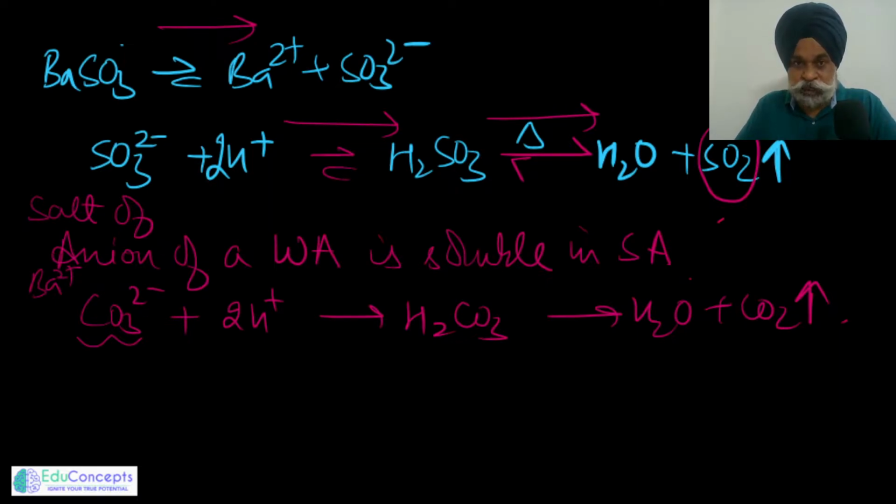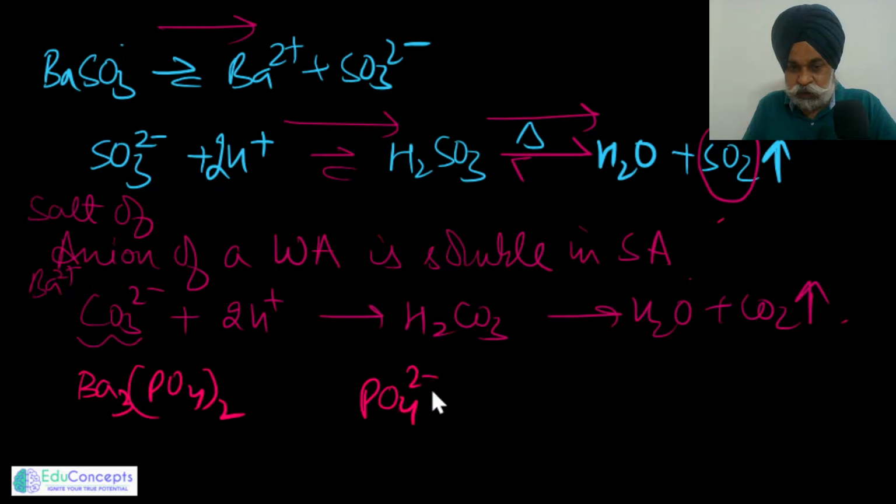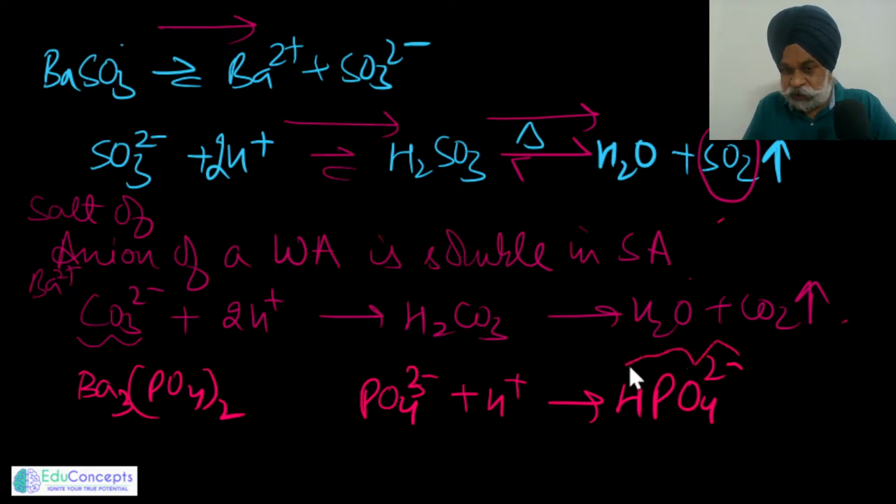Now the point here is, what about the case of barium phosphate? In the case of barium phosphate, the phosphate ion tends to take H+ and change into its conjugate acid. This conjugate acid is again a weak acid.